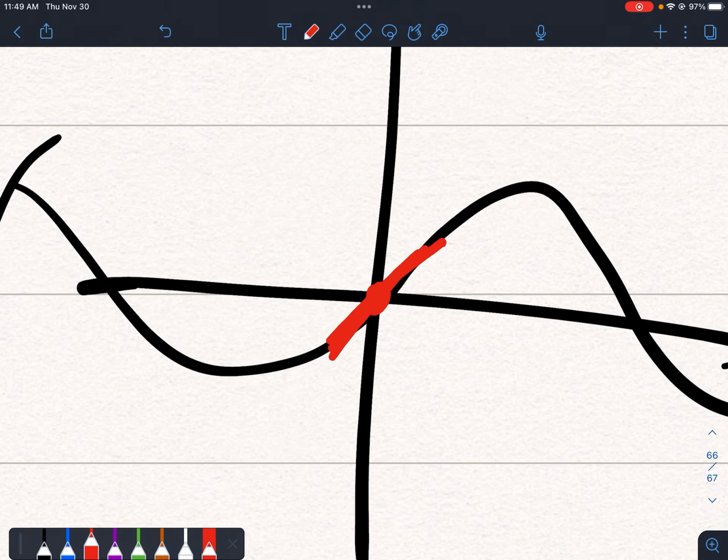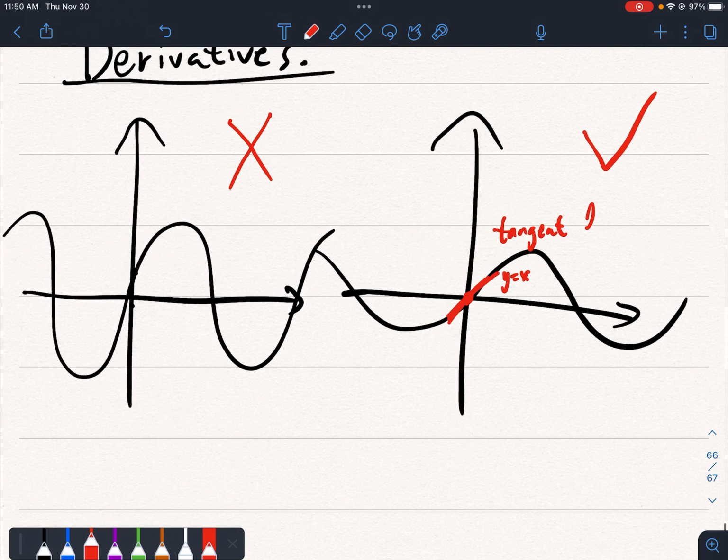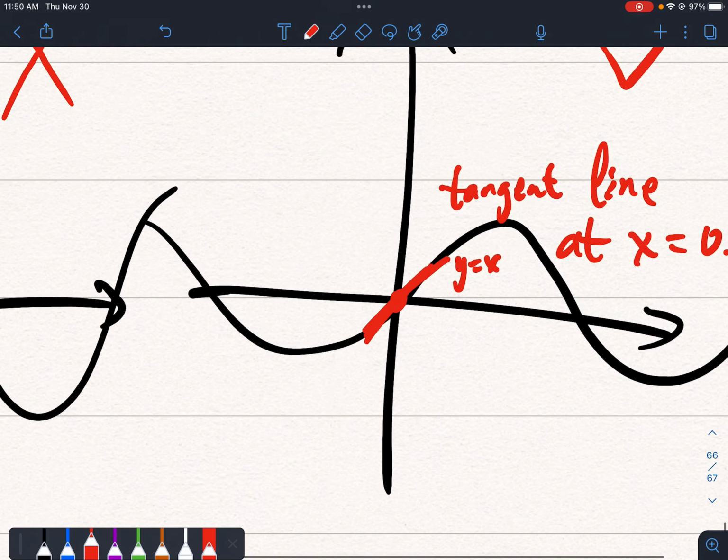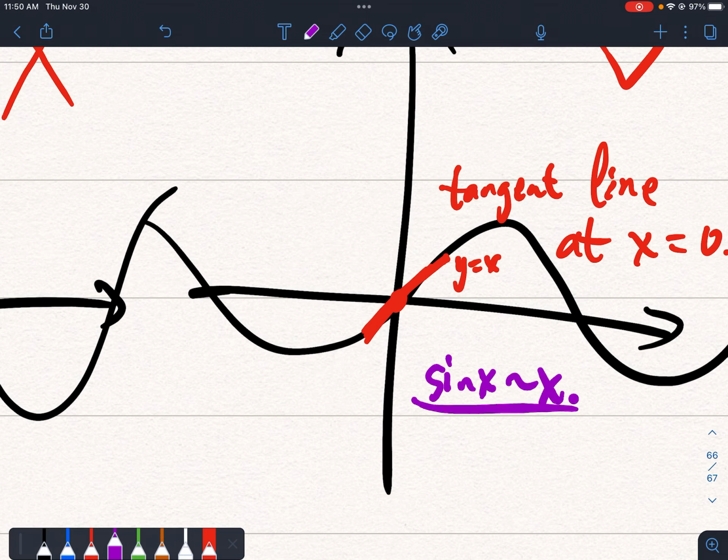If you zoom in a lot, you see that around this point 0, this is almost y equals x. So this means the tangent line of sine of x at this point, x equals 0, is y equals x. Which means, locally speaking, sine of x is approximately x.